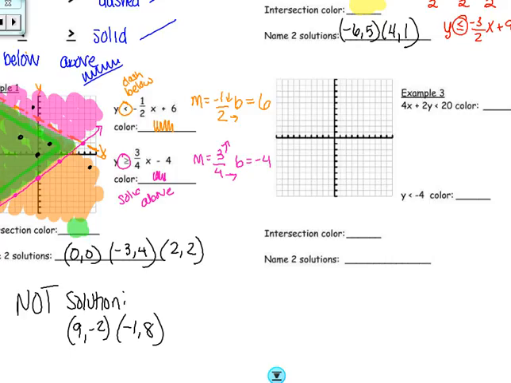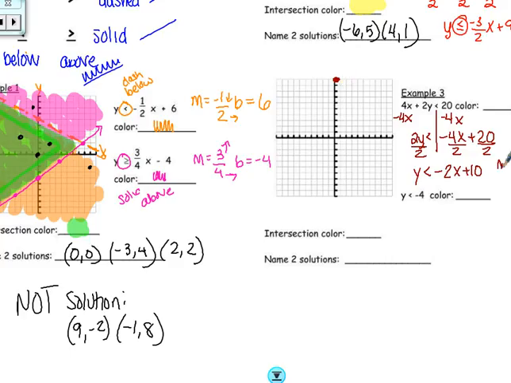4x plus 2y is less than 20 is not solved for y. So we minus 4x, minus 4x. 2y is less than negative 4x plus 20. Divide everything by 2. I do not have to switch the inequality sign. Gives me y is less than negative 2x plus 10, which means that I start this graph up at 10.